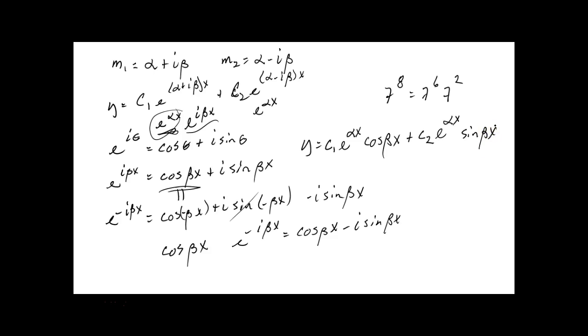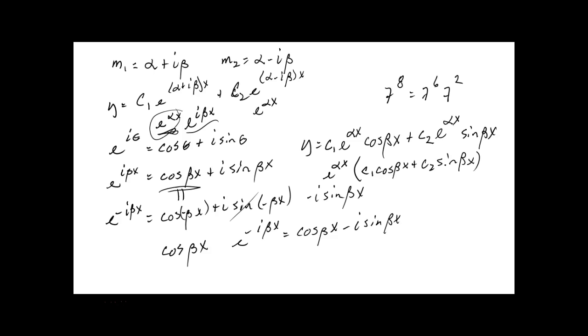Actually, an easy way to write that is e to the alpha x, because that's in both terms, times c1 cosine beta x plus c2 sine beta x.